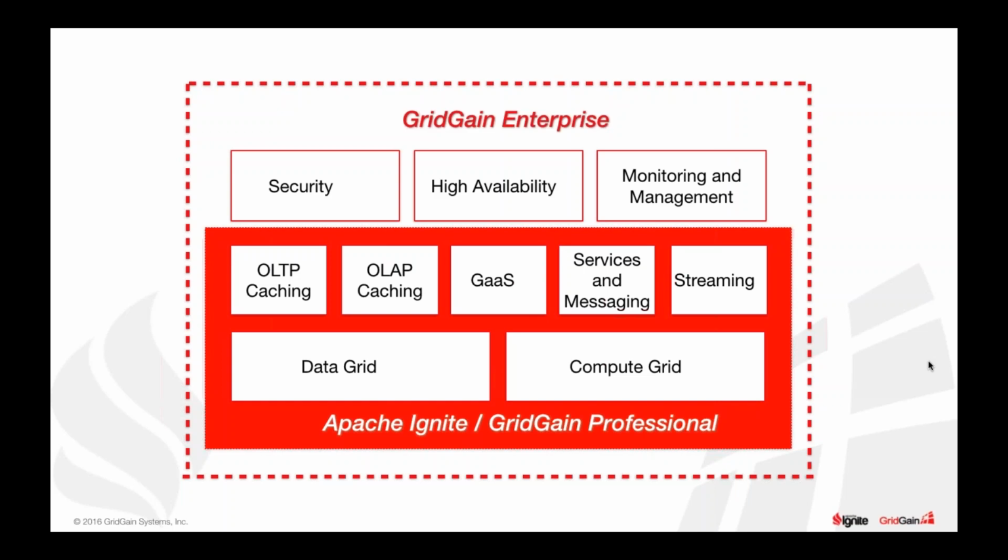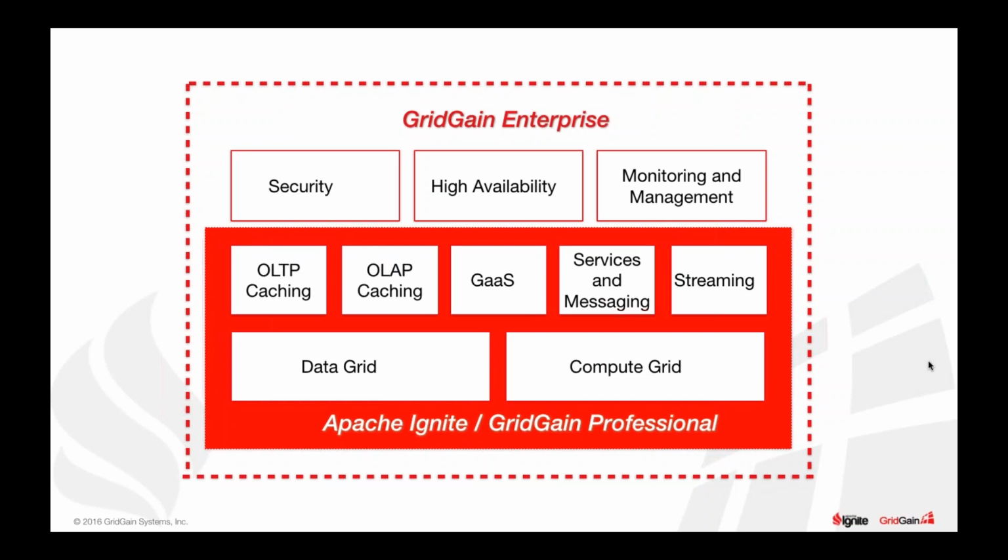GridGain Enterprise has some plugins that make it more enterprise ready. So it makes GridGain Professional more enterprise ready. That includes some security features, including authentication, authorization, and auditing, a monitoring tool and ease of management, and some high availability features. And that is where we're going to drill down today, to look at one of the high availability features that GridGain Enterprise offers, which is our multi-data center replication.